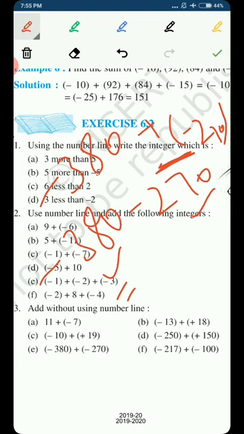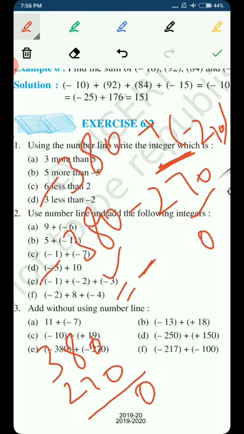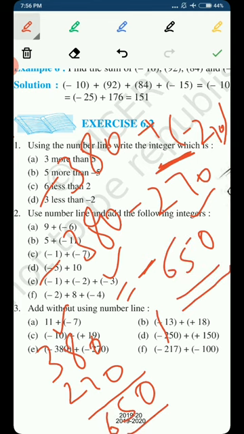If both are negative, the answer will be of negative sign, but we perform addition, so we will add them. 0 plus 0 will be 0, 8 plus 7 will be 15, 1 will be carried, 3 plus 2 is 5, and 1 carried, it will become 6. So the answer is 650 of negative sign. Minus of 650 is the answer.